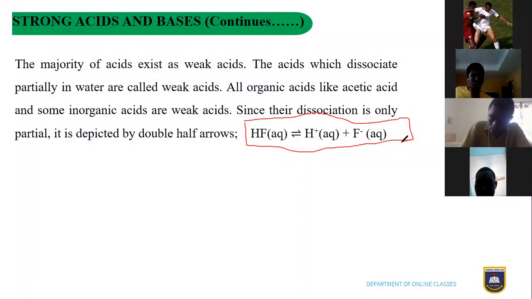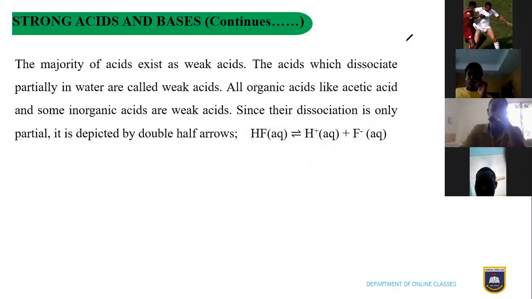So anybody who sees that process, it looks as if the ionized parts are combining to form back the unionized part, the original acid. So we use the equilibrium sign to write the equation for the dissociation of weak acids. It's important you take note of this.